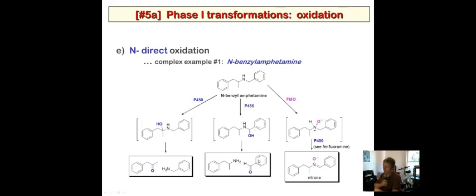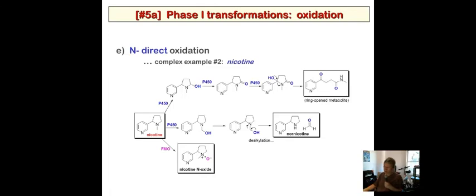And then we can also just directly oxidize the nitrogen to its N-oxide, and then, like we saw before, another P450 would oxidize the carbon, and then we would get a nitrone product. So a couple different pathways you can imagine here.